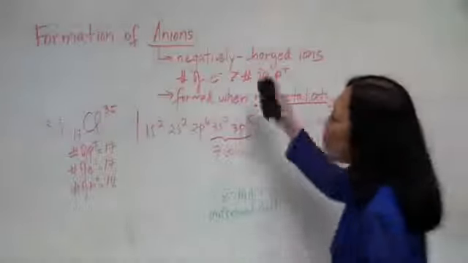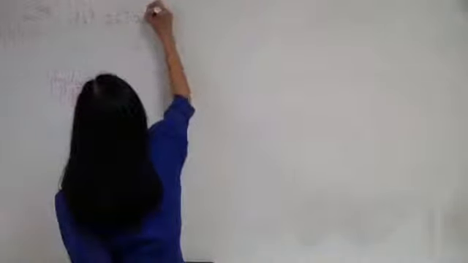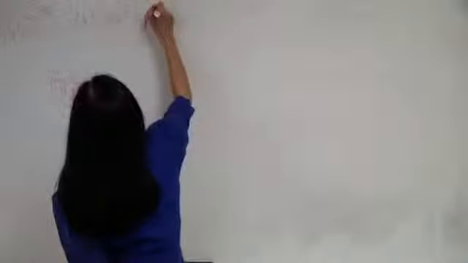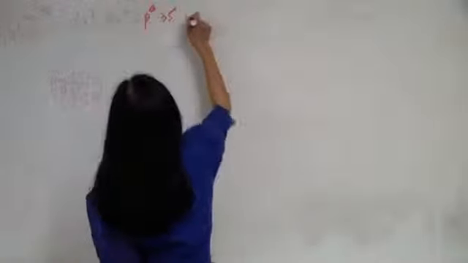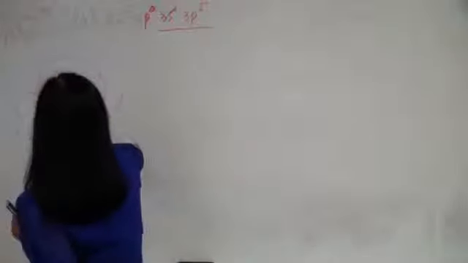And how does that happen? Let's take a look. All right, chlorine, 17-35. So if we were to draw the chlorine atom, we would have our nucleus with 17 protons, 18 neutrons, and based on our electronic configuration, we have 3 electron shells.